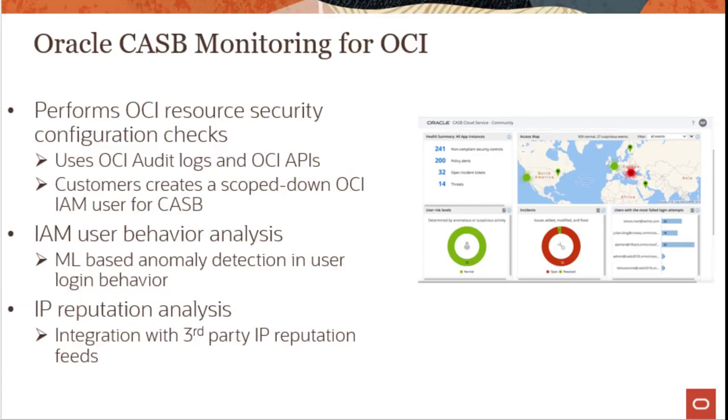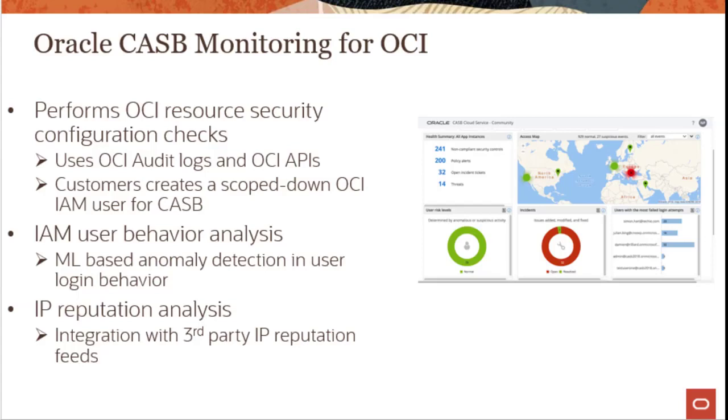So, what does this include? The Oracle CASB security functionality includes monitoring variables such as security misconfiguration of Oracle Cloud Infrastructure resources, monitoring credentials and privileges, user behavior analysis for anomalies in user actions, and threat analytics for identifying any risk events.